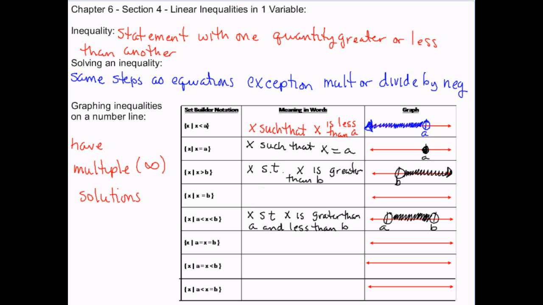Oh, so this symbol right here should be like that, and this symbol right here should be like that, and this one should be like that. Oops, like that, and this should be like that, and that should be like that, which makes this, oops, too big of an eraser, completely different.